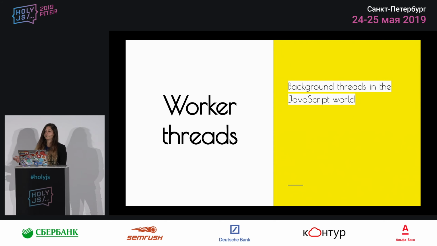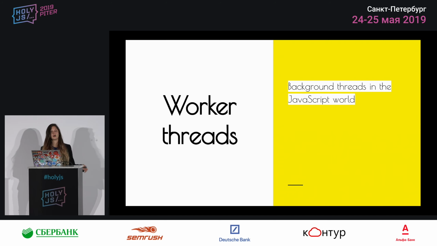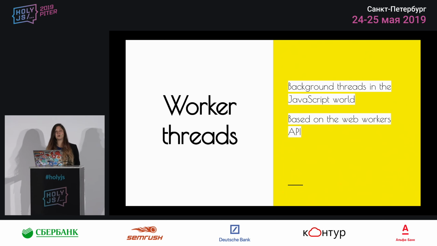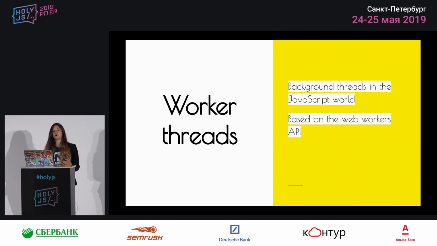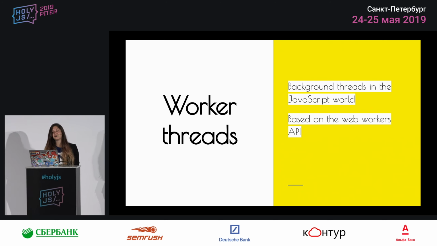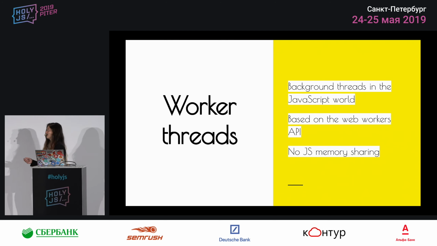We're exposing this API to the NativeScript developers so that they can create a worker thread and offload some CPU-intensive operation. And the API is actually based on the Web Workers API. It's quite similar. The implementation is also maybe a bit similar, although quite different. And it's important to notice that we don't have JavaScript memory sharing.